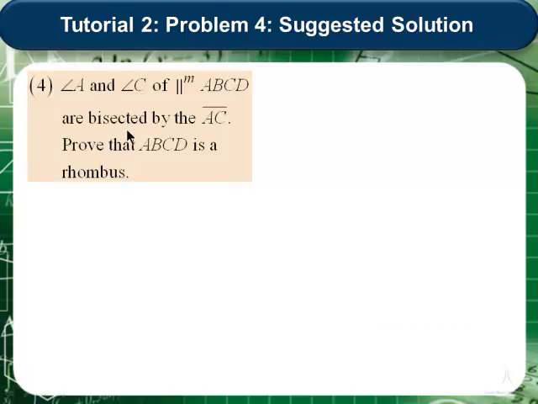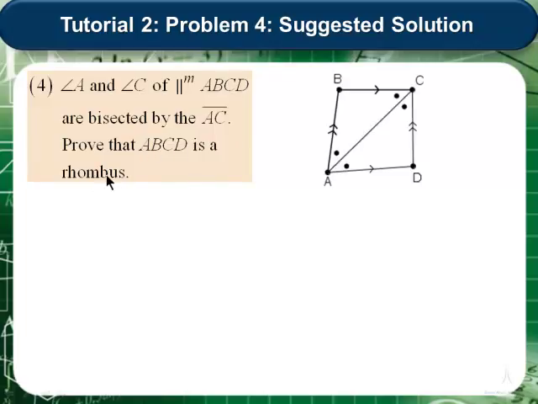A suggested solution to problem 4 of tutorial 2 will be the following. We are given a parallelogram ABCD, and it's also given that the diagonal AC bisects angles A and C. We must prove that ABCD is a rhombus.